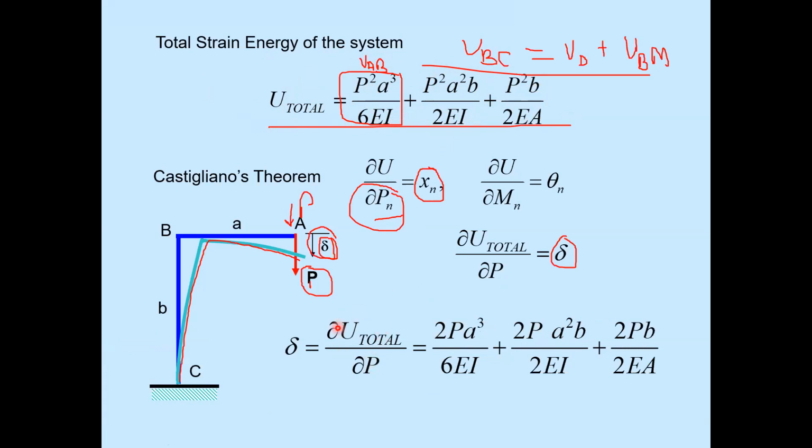So differentiating the total strain energy with respect to the given force P, we will get 2P A cubed upon 6EI plus 2P A squared B upon 2EI plus 2PB upon 2AE. This is our total strain energy. Applying the Castigliano theorem and differentiating with respect to force P, we will get the deflection in the member.